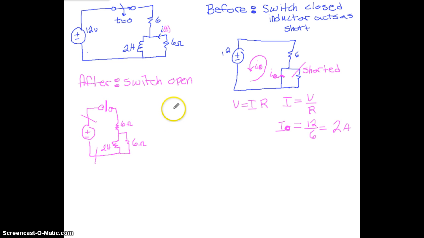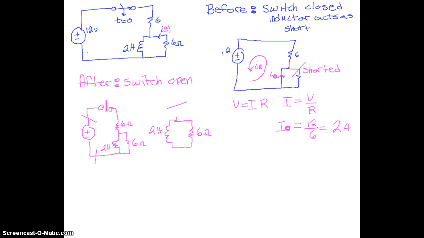So this can actually be redrawn as just that resistor right here, the inductor, and then the other resistor right here. This top resistor plays no part in it. Since it's not really attached to anything, it doesn't really do anything, so you can cancel that one out too. So we just have the 2 Henry inductor there, and then we have this 6 ohm resistor here.